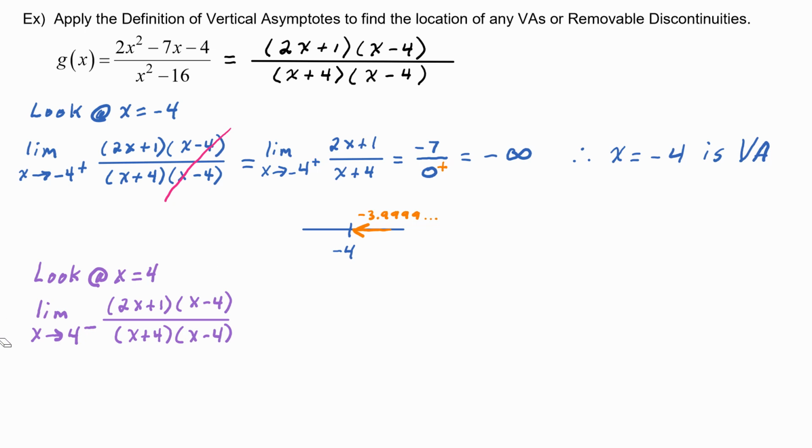And of course, inside of the limit, we are allowed to cancel the common factors. So this becomes the limit as x approaches 4 from the left of 2x plus 1 over x plus 4.